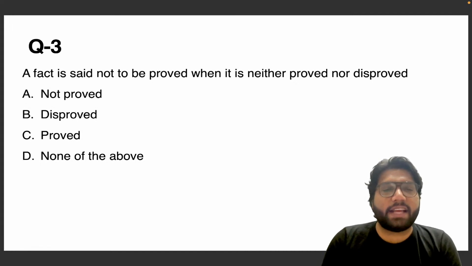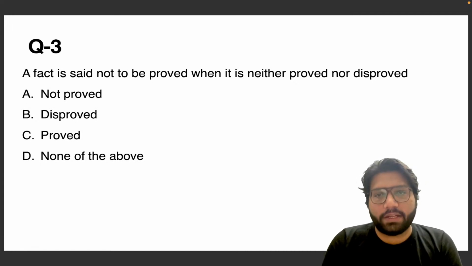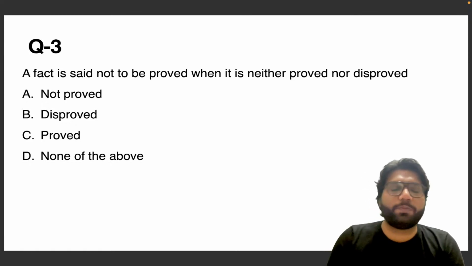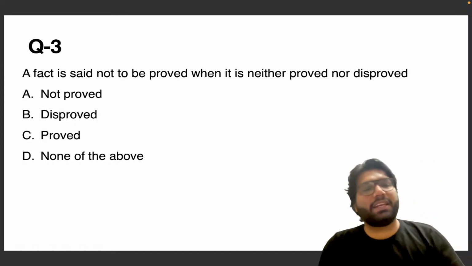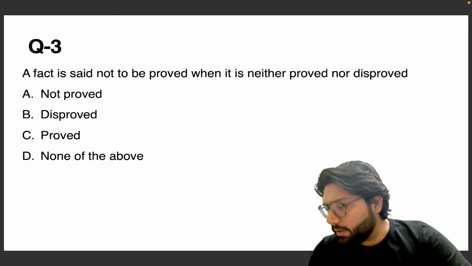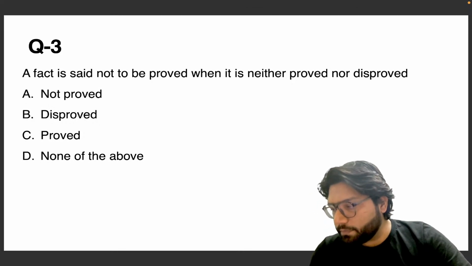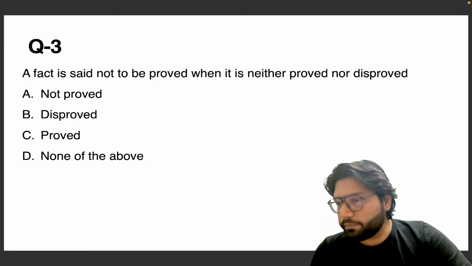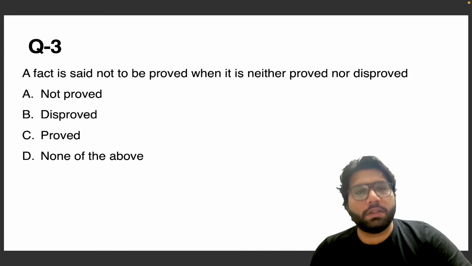A fact is said not to be proved when it is neither proved nor disproved. This statement is of which? The question is from section number 3.